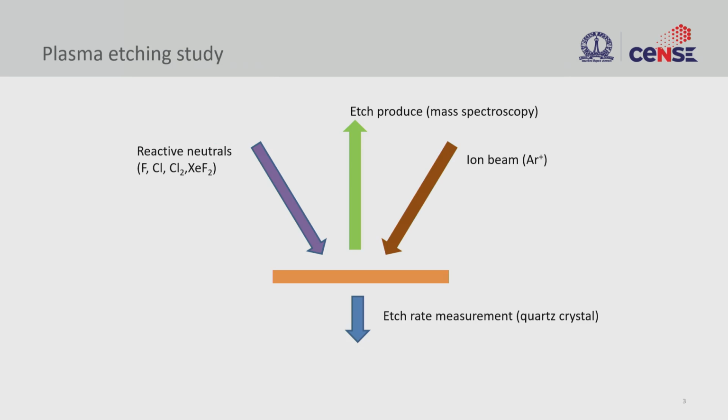So this is a simple system to study plasma etching: how the etching happens, what is the contribution of reactive neutrals and the ions and so on. What people have done is they have taken a thin sheet of the material that you are interested in, and a beam of ions is shot onto the surface, and then also a beam of reactive neutrals.